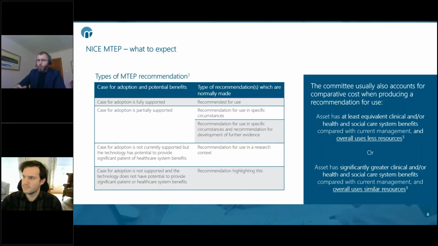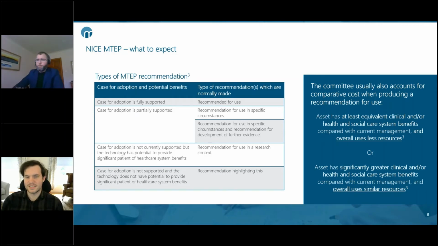It's also worth noting, just before I pass to Nick again, that if you go into the MTEP process, there is the risk of a recommendation that highlights this is a non-recommended for adoption MTEC asset. That must be borne in mind before taking what is a risk-benefit assessment when going into the MTEP process. That does require, as we said already, ample preparation and determined consideration as to the pros and cons of entering that process.